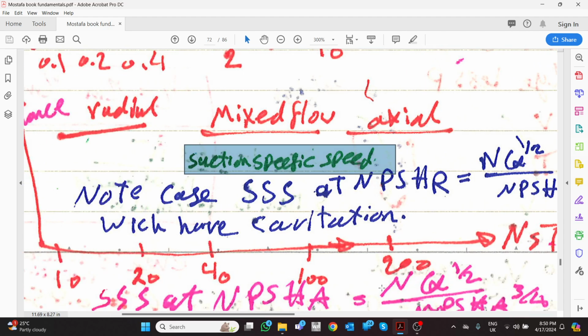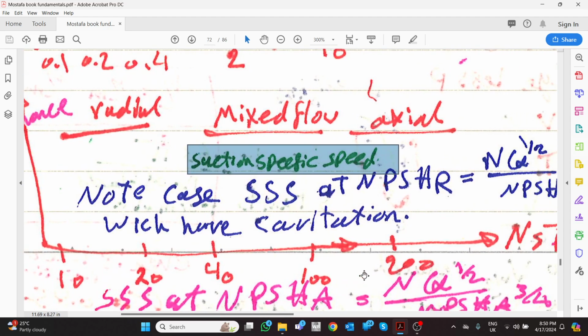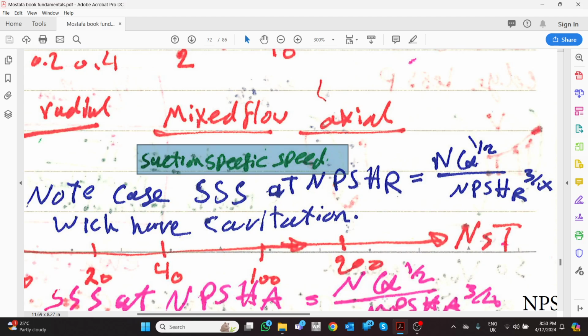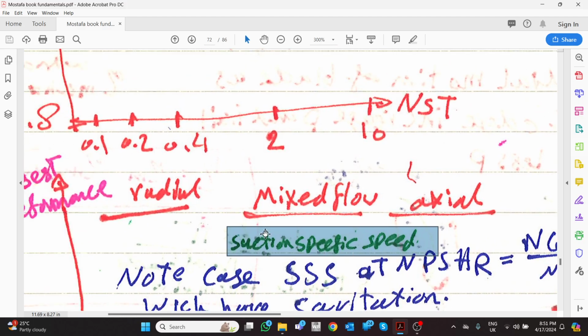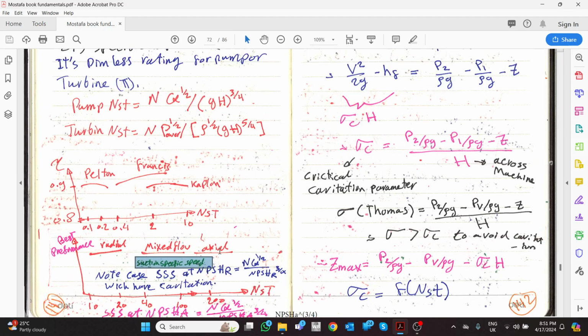So if this is the suction specific speed and the suction specific speed for required, you check it, and there are curves of course for it, and you find that your specific speed is matching this one, so you are going to have cavitation. Which is a property of the pump.